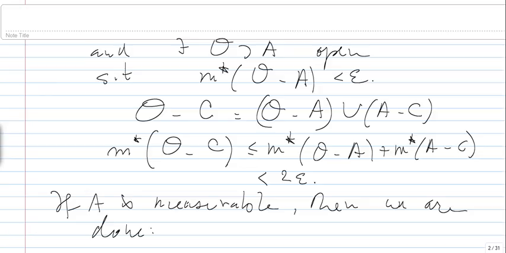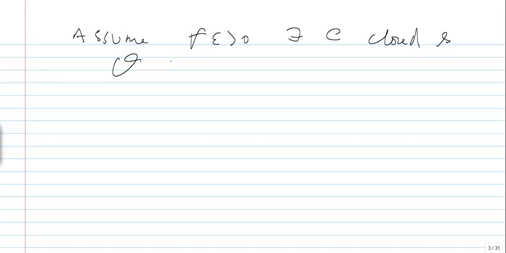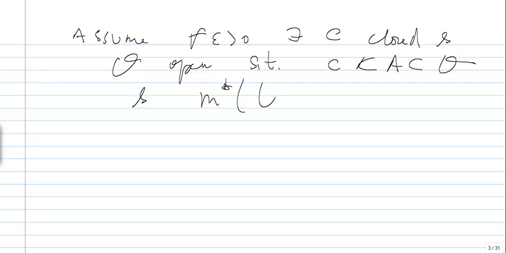Now assume, for the converse, that for every epsilon there exists C closed and O open such that C is included in A included in O, and the outer measure of O minus C is less than epsilon.